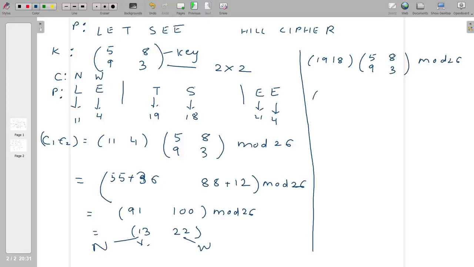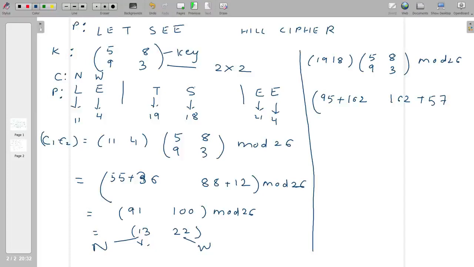When we multiply 19 with 5, it comes out to be 95, and 19 with 9, it comes out to be 171. Similarly, 19 into 8 comes out to be 152, and 19 into 3 comes out to be 57.